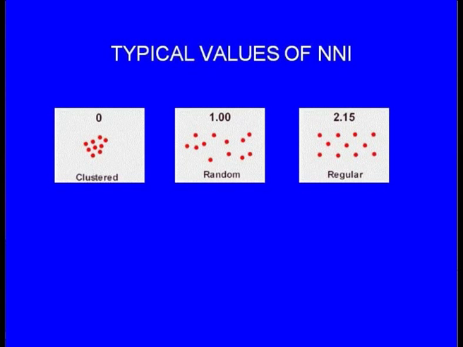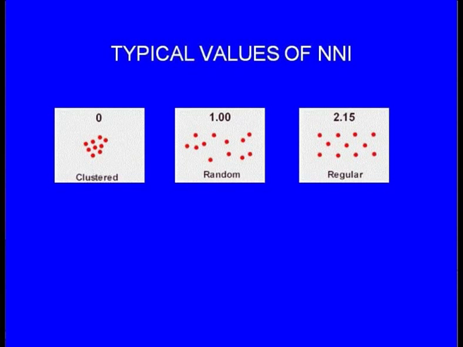When the value of NNI is equal to 1, we find that the same set of points now tend to get spread out over the data space, but do not exhibit any form of regular pattern. This is what we call random. So, when NNI is equal to 1, the distribution of the points is random, that is, no structured form of data collection has been adopted while collecting the data from the ground.